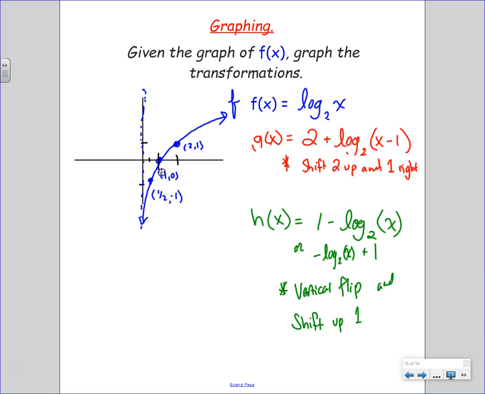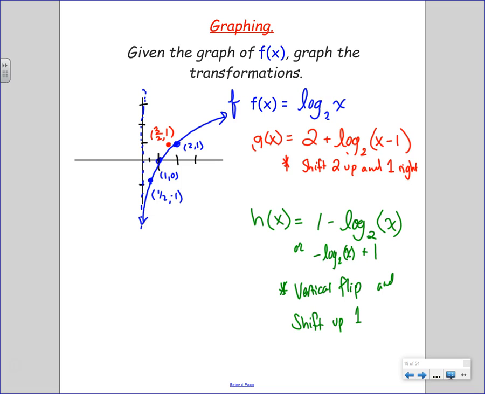So let me go ahead and sketch these and see how you did. For the shift 2 up and 1 right, did you take each of your representative points to do that? Yeah. Good. That's what I would have done too. I would have taken this one and gone up 2, right 1, which would be the point 1.5, 1.